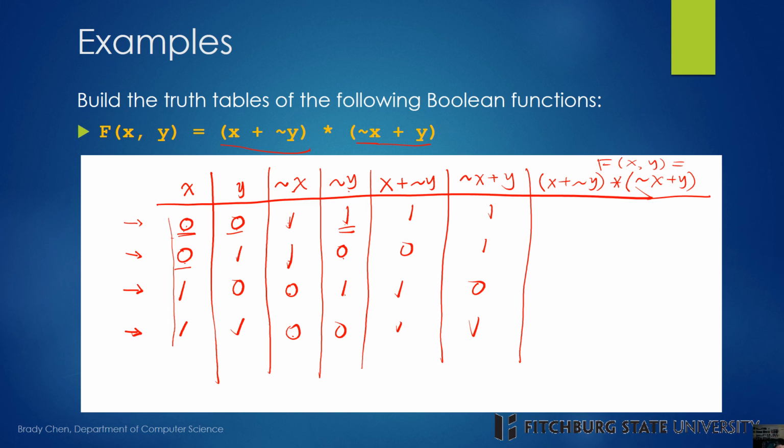So now the last one is going to be the AND operation between these two, x plus tilde y and tilde x plus y. So 1, 1, you get a 1. That's the AND operation. 1, 0, you get a 0. 0, 1, you get a 0. 1, 1, you get a 1. Okay, so that's the truth table for the first function.